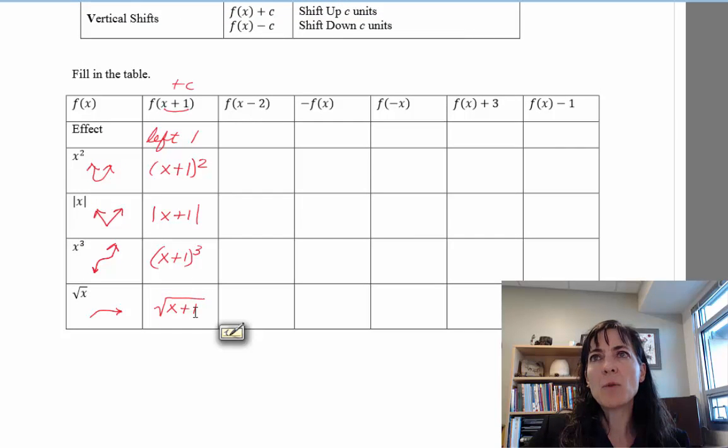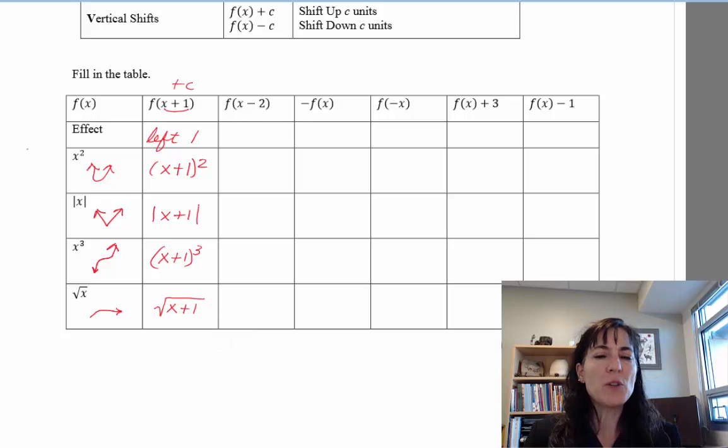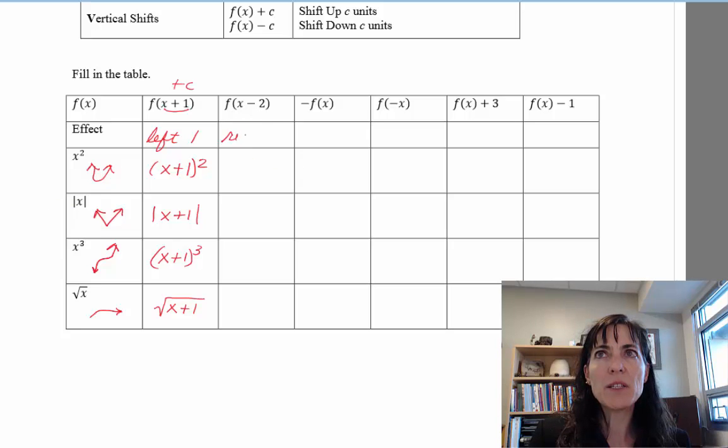And I'm going to show you a couple more. So if we do f of x minus 2, and the minus 2 is inside with the x, it means we are going right 2 units. So right from the negative and 2 units from the 2, obviously.